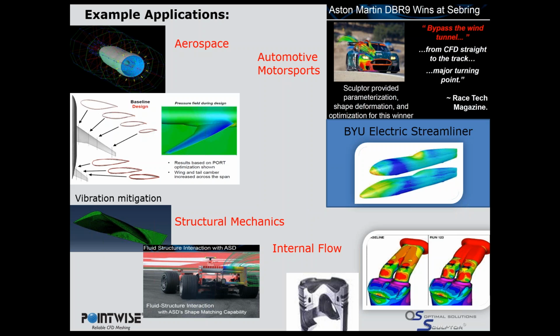Structural mechanics, if we want to mitigate vibration problems or look at fluid structure interaction or minimize stress, minimize weight, as well as internal flows, such as internal combustion engines and intake and exhaust manifolds. We also have customers using it for biomedical and other areas of research.